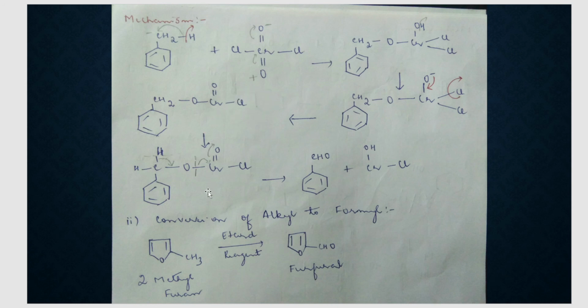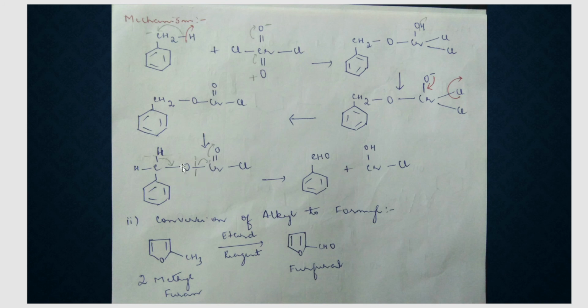Now what happens in the next step? We need a benzaldehyde, so we have to break the bond on this side. There is breakage of the metal-oxygen bond. How does it take place? This pi bond shifts onto oxygen, so this metal-oxygen bond shifts onto chromium in order to neutralize the charge on chromium.